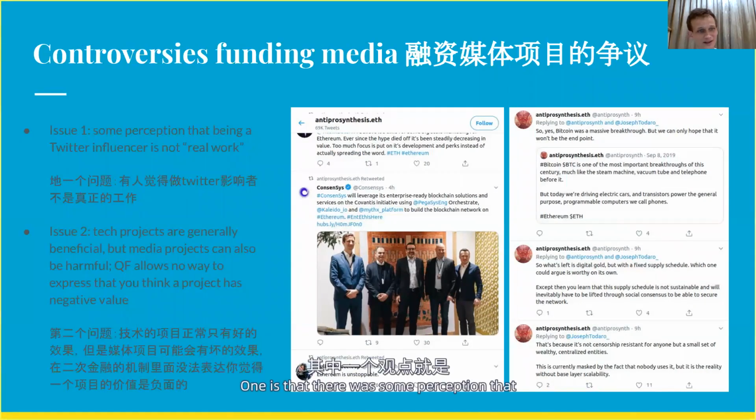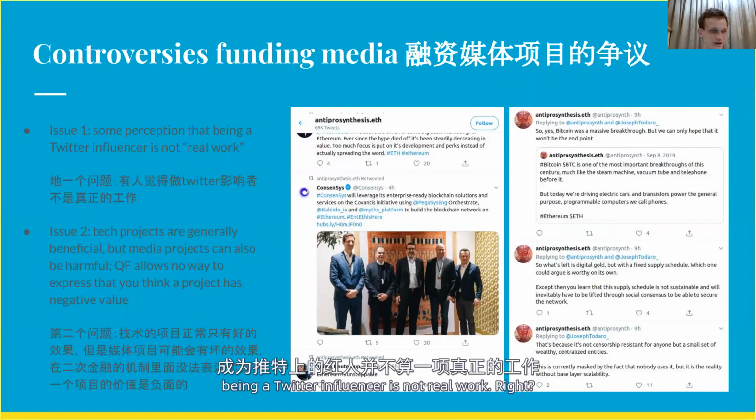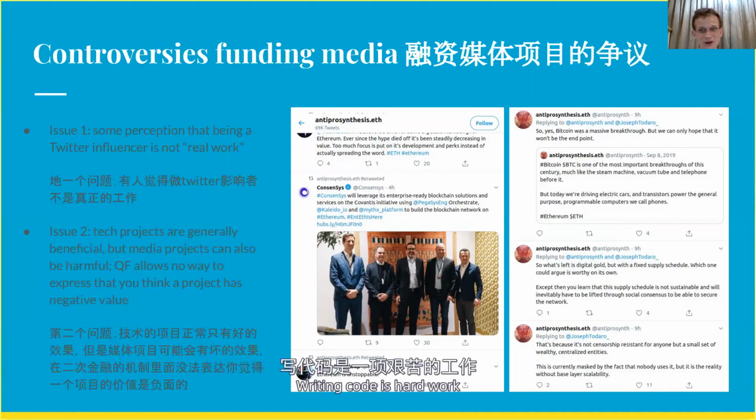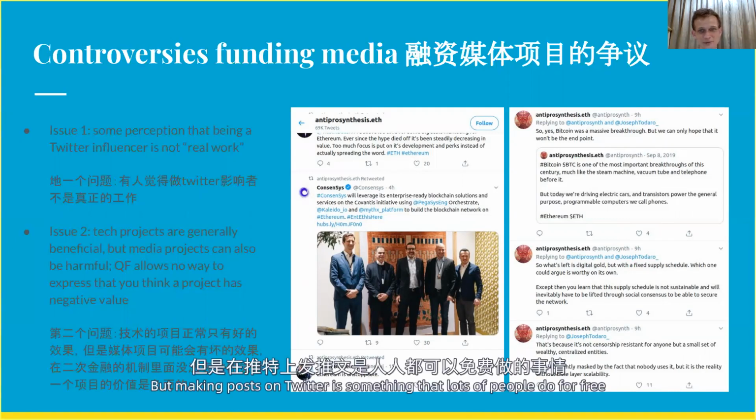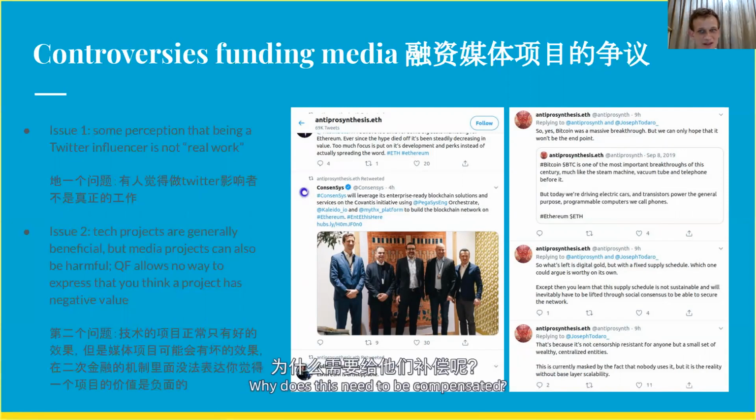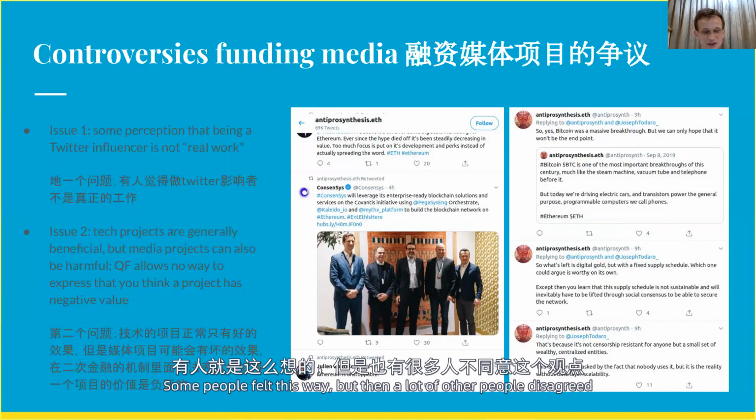One is that there was some perception that being a Twitter influencer is not real work. Writing code is hard work, writing long articles is hard work, but just making posts on Twitter is something that lots of people do for free. So why does this need to be compensated? Some people felt this way, but a lot of other people disagreed.